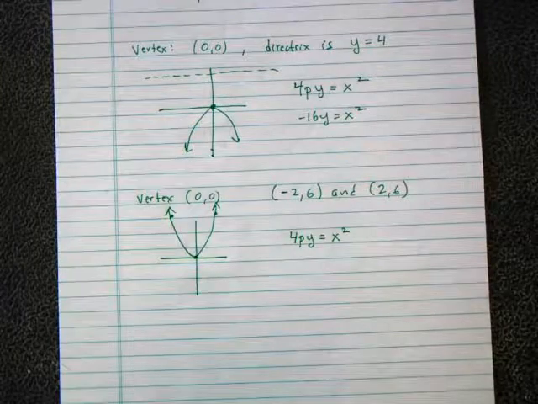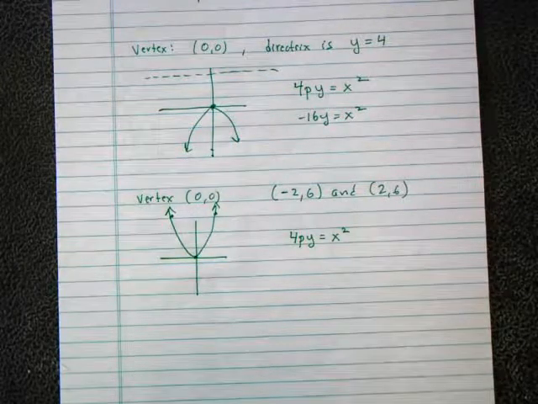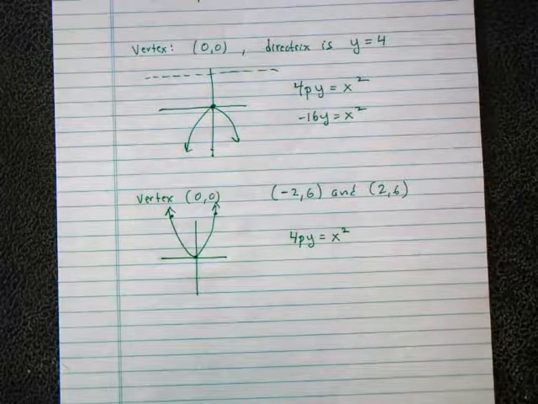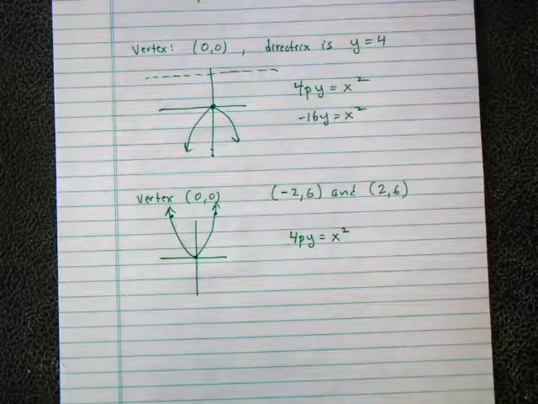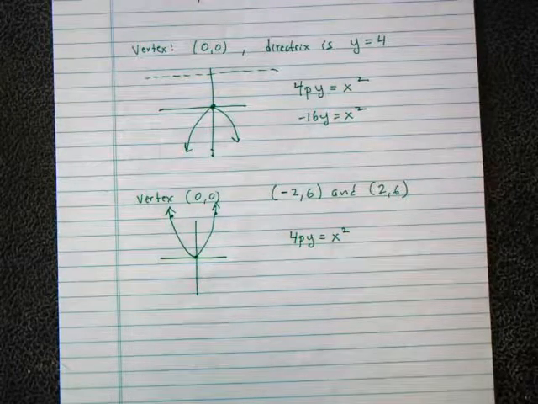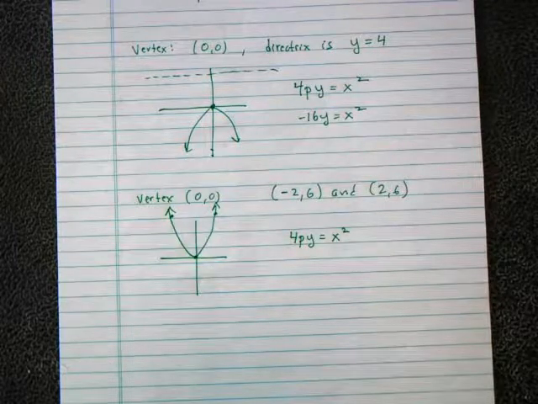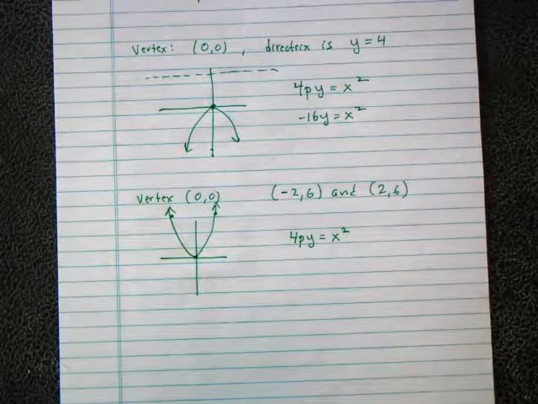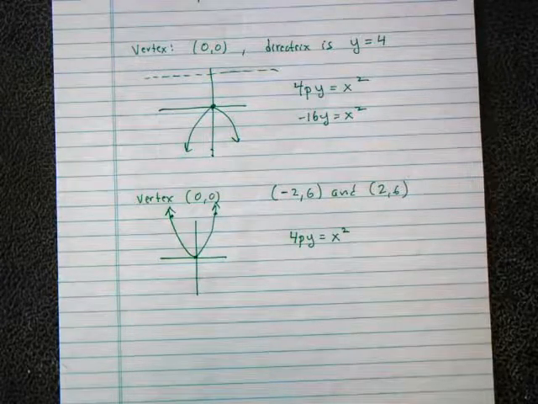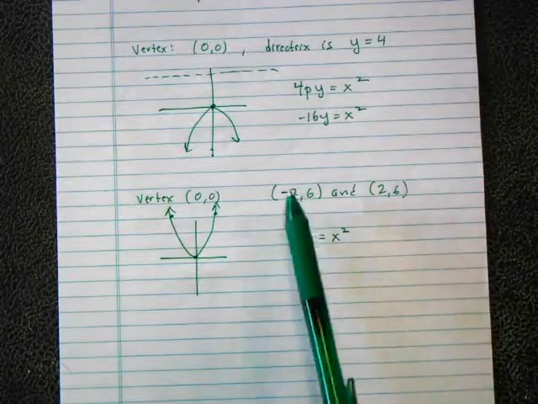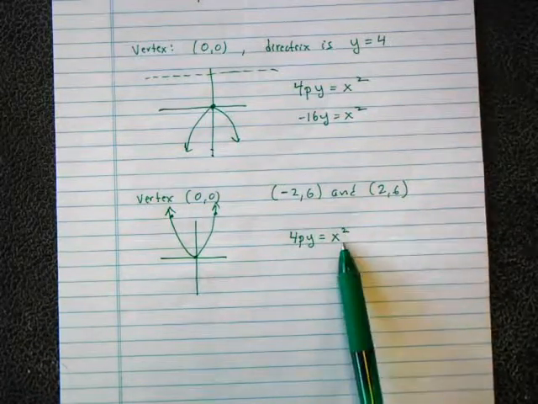So what's P? Or how can we find P? I suppose would be a better question. I'm going to pick an X and a Y. It doesn't matter which one. I'm going to take an X and a Y and I'm going to plug them in.